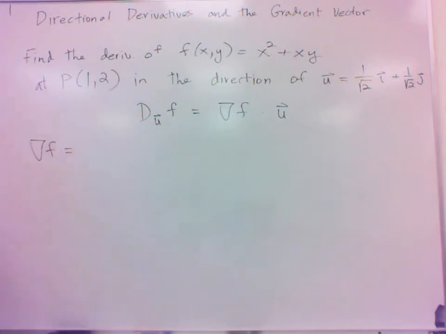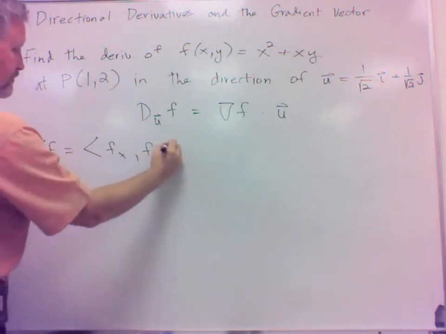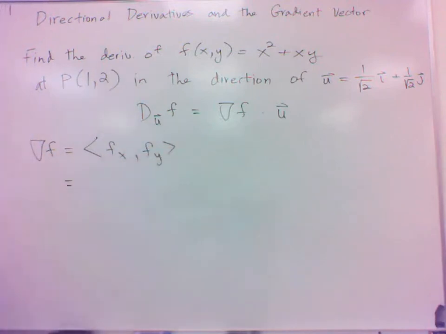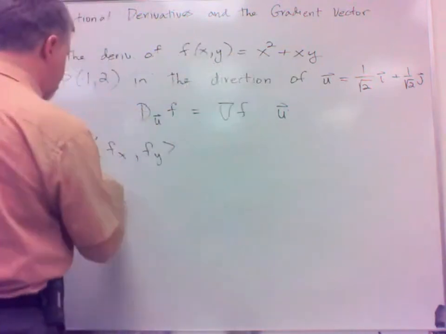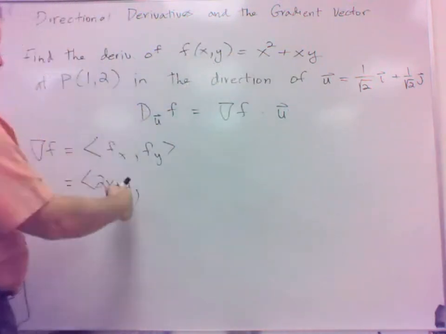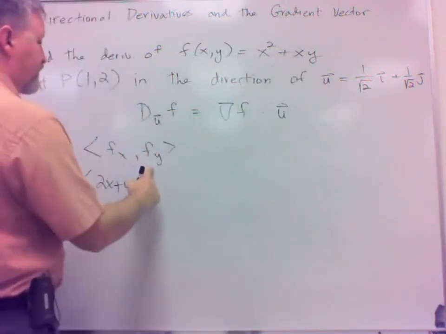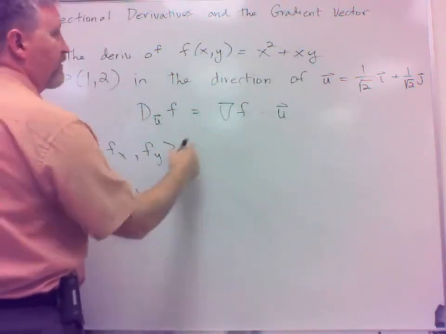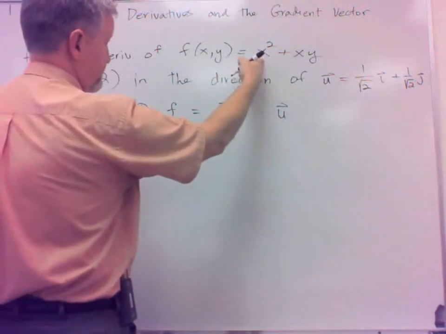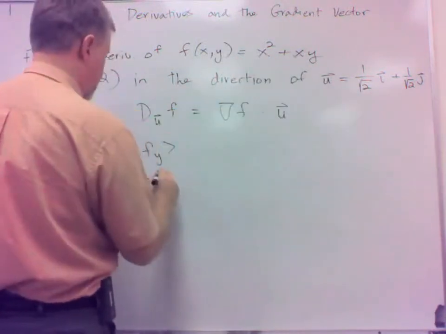And so the gradient is just the partial derivatives, right? Components are the partial derivatives, which in this case would be what? 2x plus y, okay. Partial derivative with respect to x would be 2x plus y. And then the partial of f with respect to y, well, that x is constant, so the derivative would be x, in terms of y.